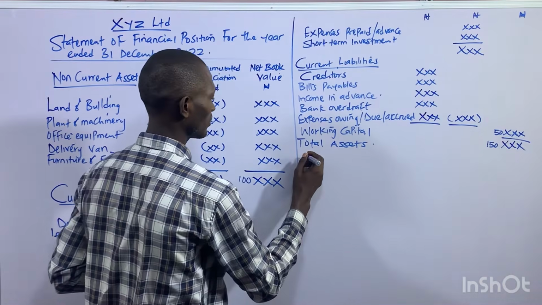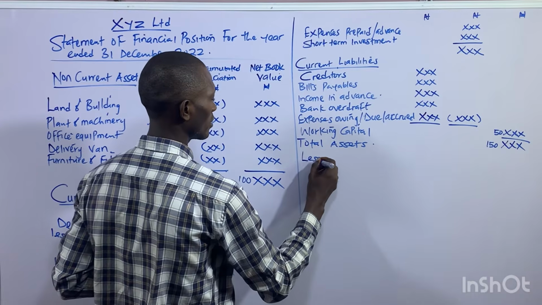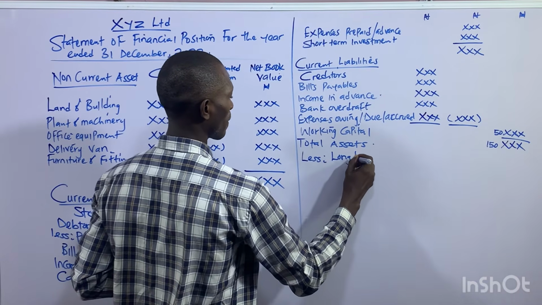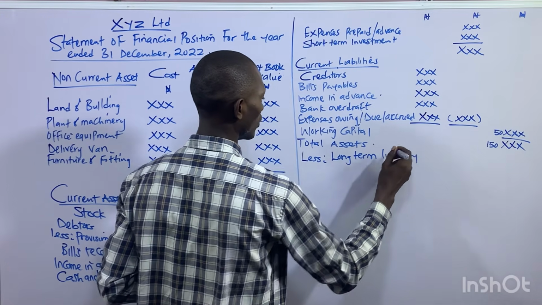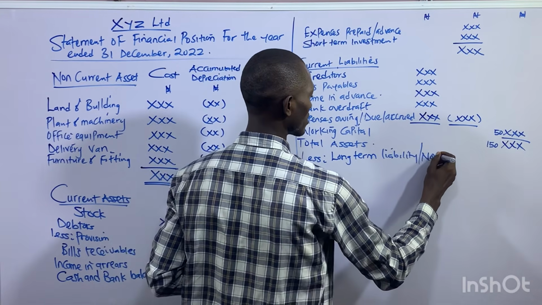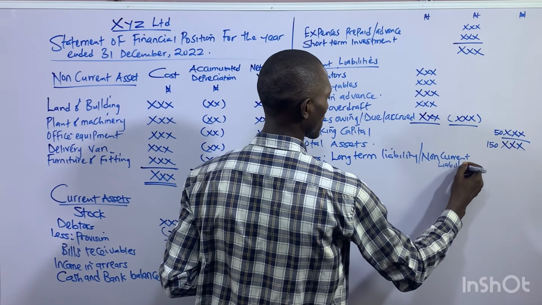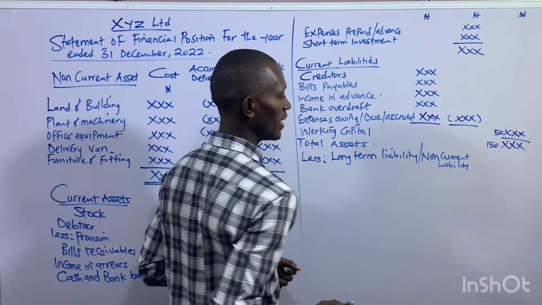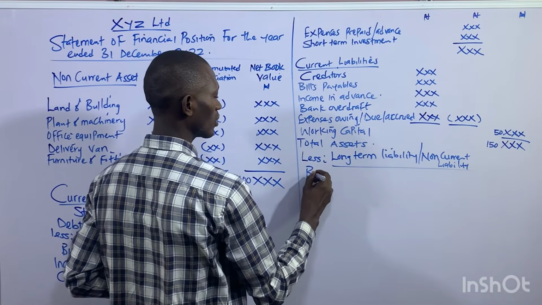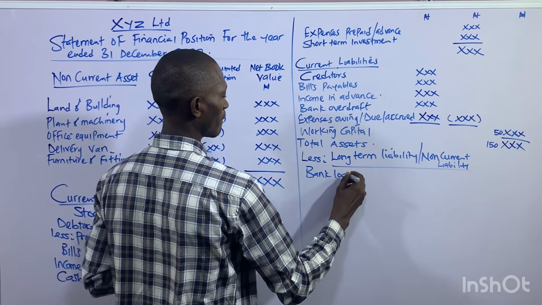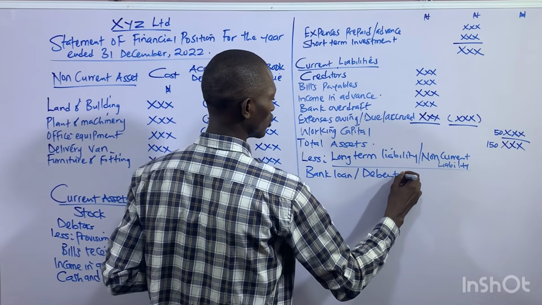Then we less our long-term liability, or we can call it non-current liability. Examples of non-current liability could be a bank loan, or the debenture.